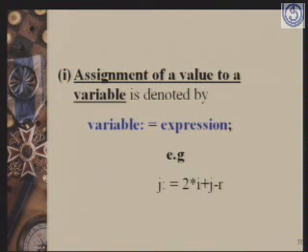are: number 1, assignment of a variable. Friends, if you are given a variable and you are to assign some value to this, whether the value is through an expression or otherwise, then a computer system can do that.